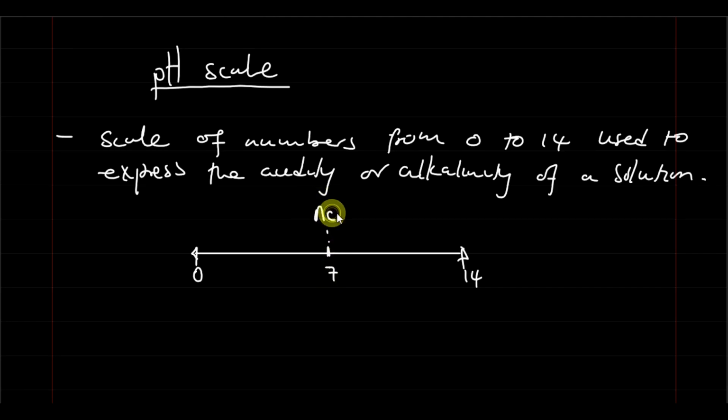On the borderline we are neutral. And then on the right of the borderline of the pH scale we are alkaline, or basic. And then to the left of the borderline it's acidic. Okay, so here we know that pH is less than 7. Then this side pH is greater than 7.